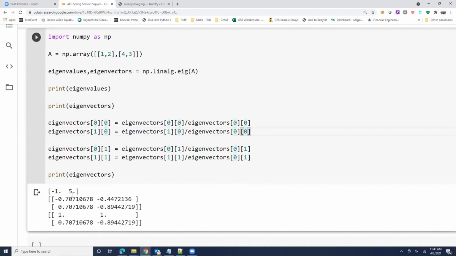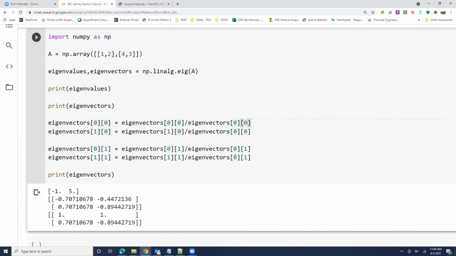Let's see, I was supposed to do 0, 0. I did that right. I did some indexing wrong. Can you help me spot what indexing I did wrong? 0, 0 with 0, 0, that's fine.